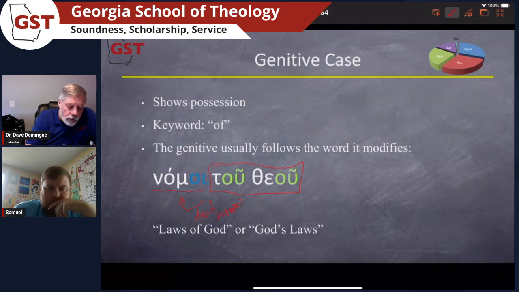So laws, namoi, is the head noun, and it's being modified for showing possession. It's God's law. It's the laws of God. So the head noun is the word that's modified. Make sense?